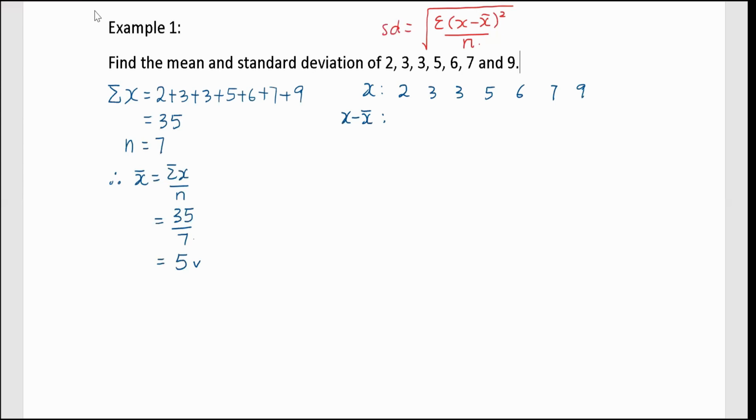So 2 minus 5 is negative 3, then negative 2, this one also negative 2, 0. 6 minus 5 is 1, 2, and 4. Correct? Now, what are we trying to do? We try to find x minus x bar and square it.